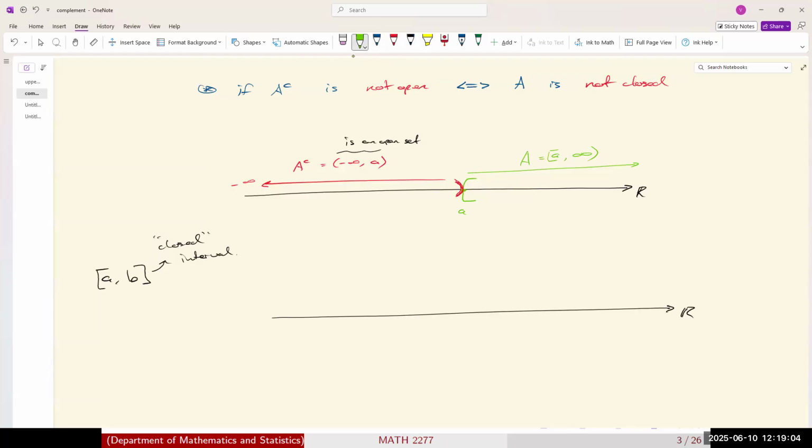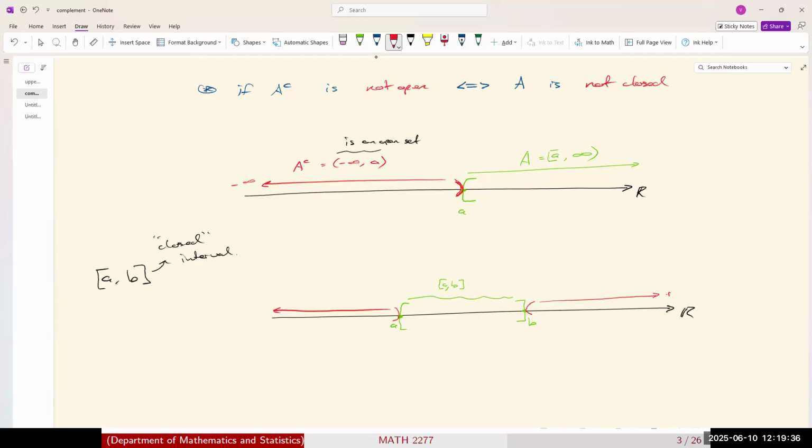Again, if I want to know whether the closed interval AB is a closed set, I could draw this, so let me draw it. So here's A, and here's B. This is the closed interval AB. I want to know, is this set a closed set? So I look at everything outside of it, the complement of it. Here's the complement, and don't forget the right-hand side.